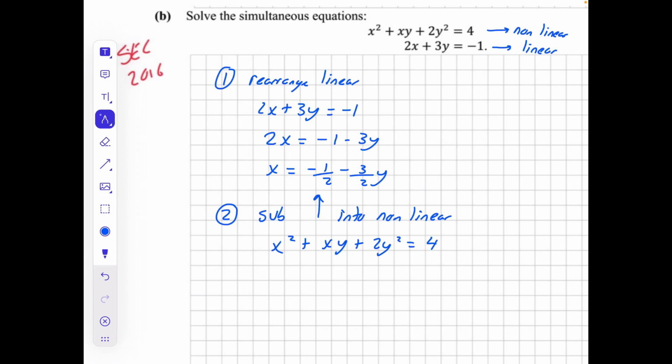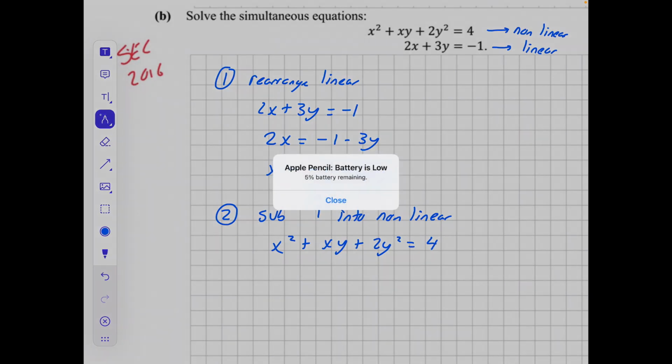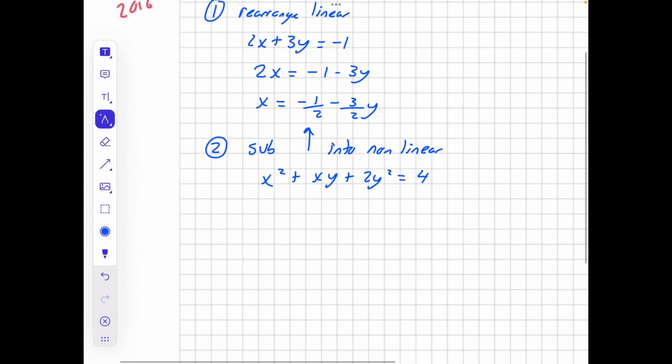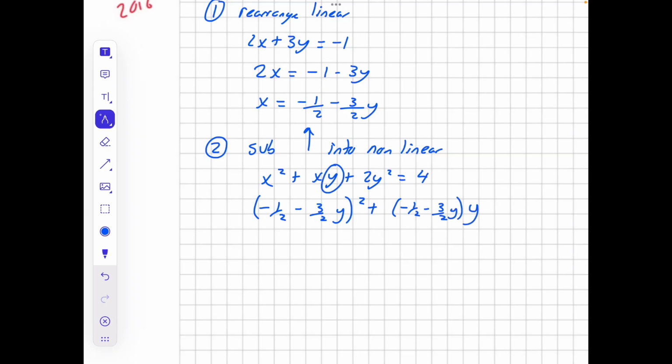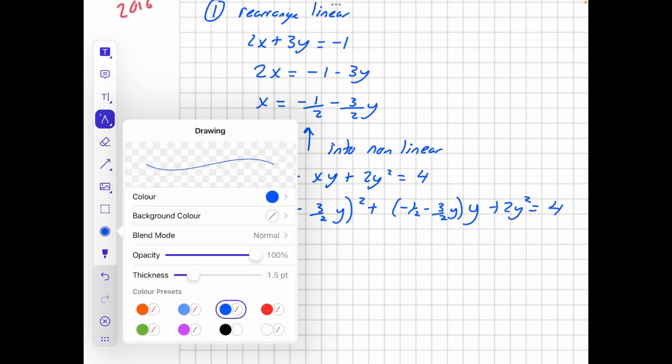And I know instead of writing x, I can write minus a half minus 3 over 2y, all squared. Plus xy, so plus x, which is minus a half, minus 3 over 2y, all multiplied by y. Remember, this y is still here. Plus 2y squared is equal to 4.